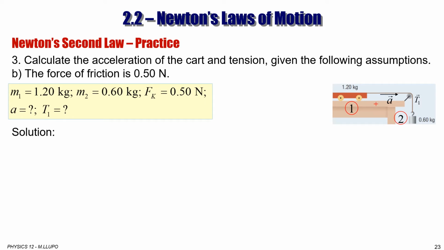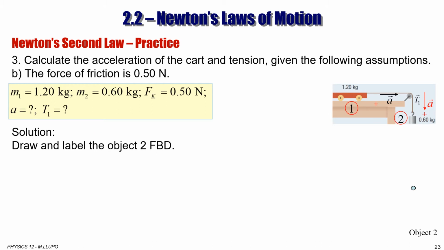We will continue with object number 2. We take a look. There's acceleration here, that is very important to look at. Acceleration is down, so that will be a positive direction.